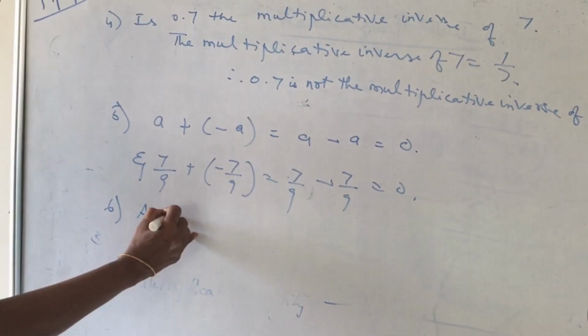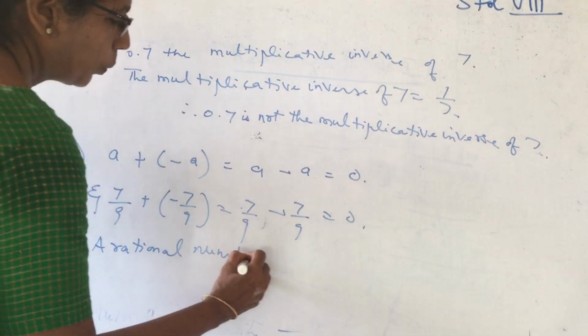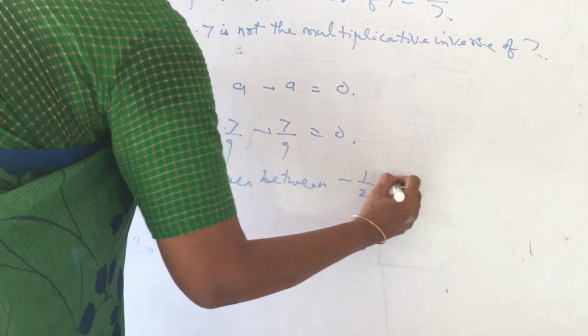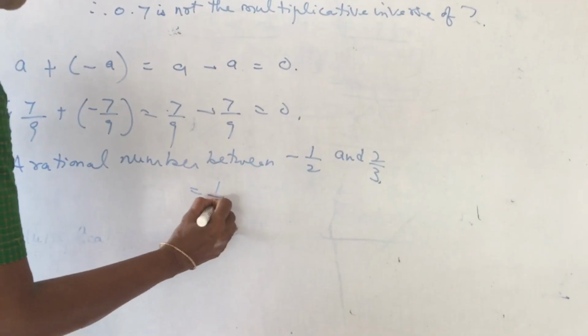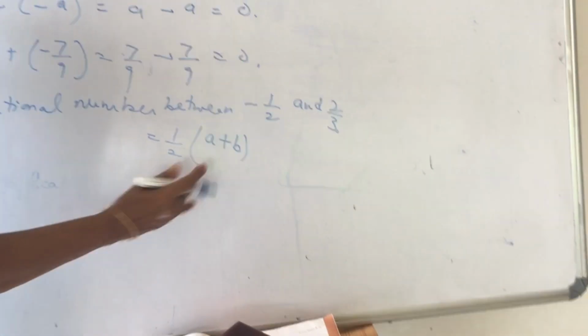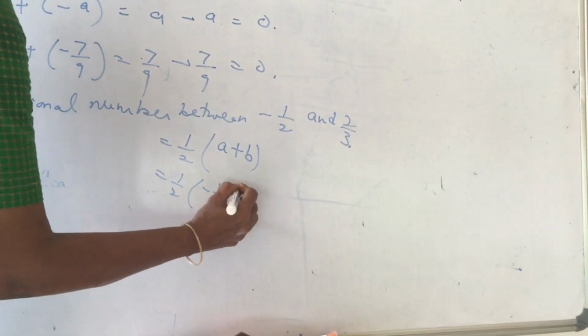A rational number between minus 1 by 2 and 2 by 3. What is the formula, children? Half into a plus b. It is nothing but sum, children.